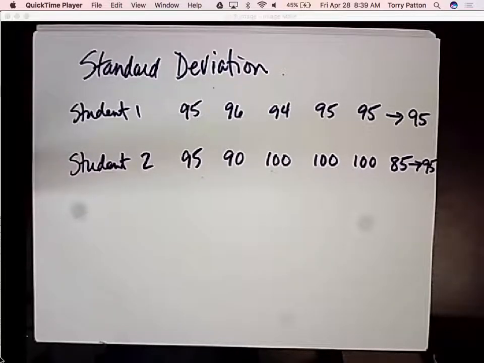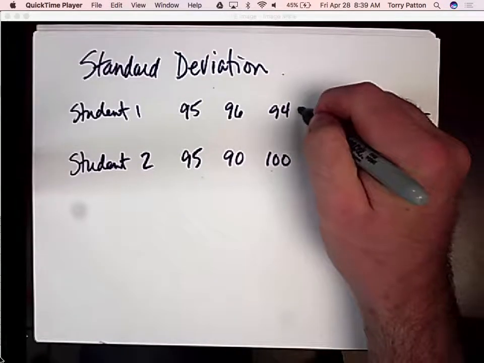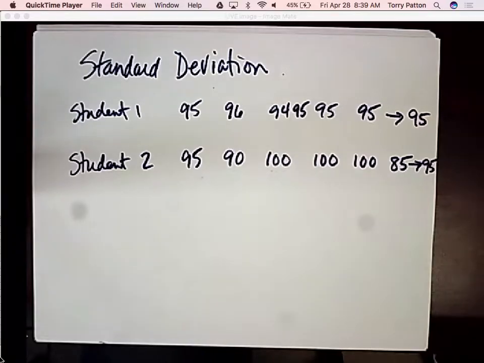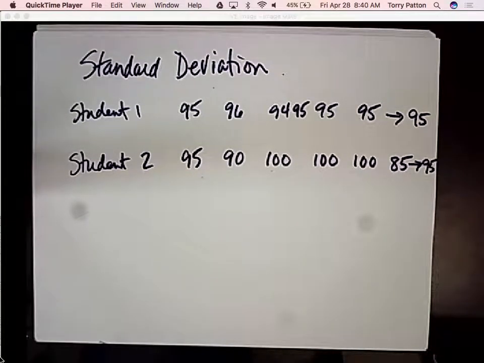Student 1 only had 5 grades. Well, that is part of it, but if I added more. Student 1, his average was 95. The most he made was 1 point over that.